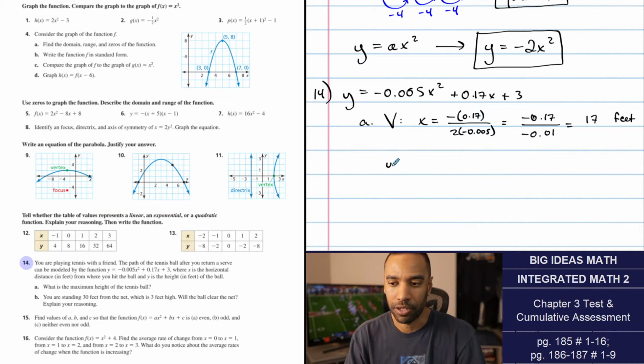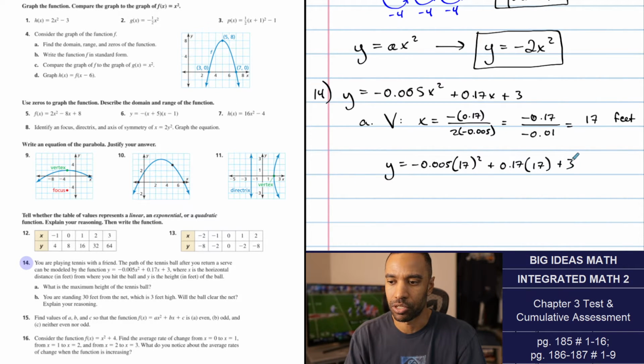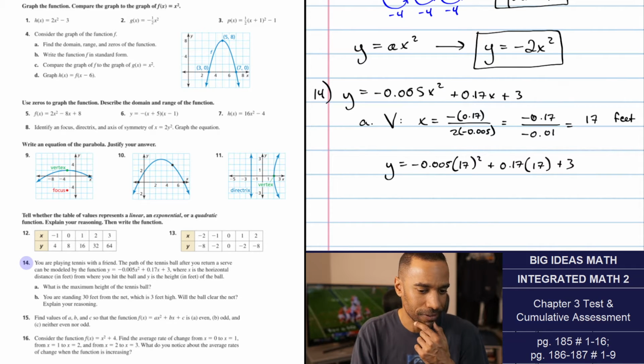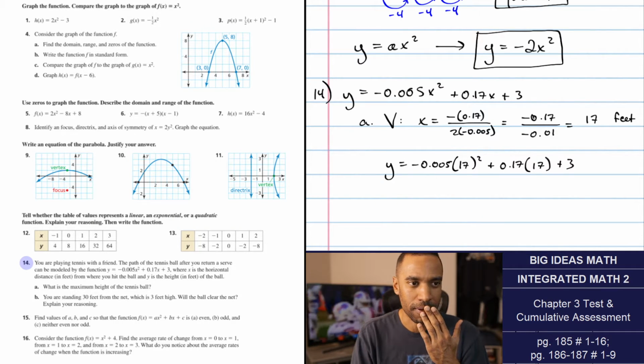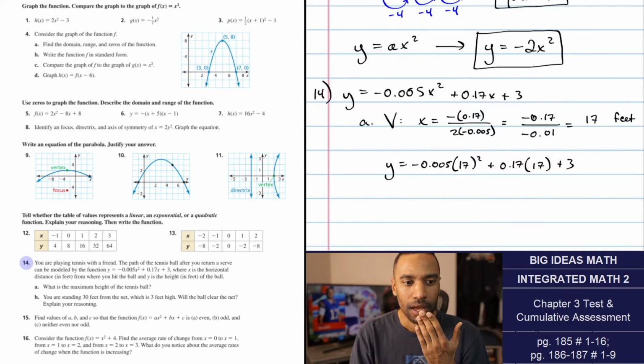So the y value is -0.005 times 17 squared plus 0.17 times 17 plus 3. This time I'm going to whip out my calculator. You don't have to see what I'm calculating, but -0.005 times 17 squared. Probably should have used the calculator for the first one in case I made a mistake, but I don't think I did.